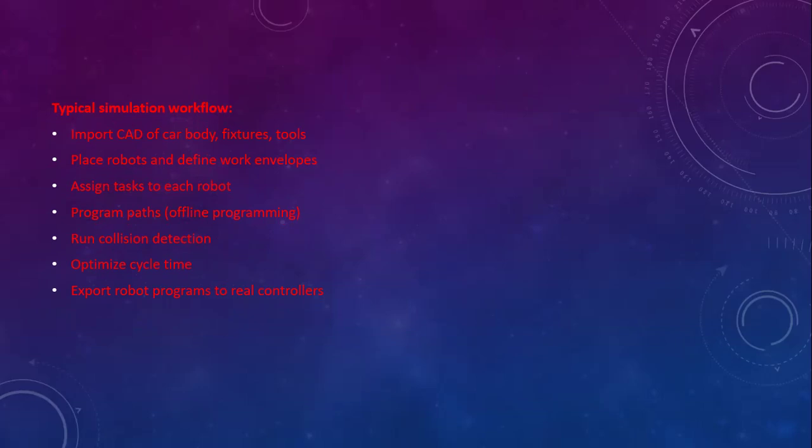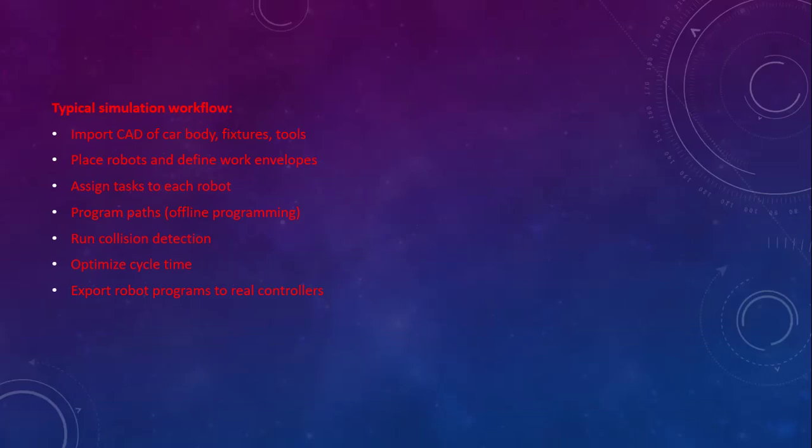This slide explains the typical workflow of a simulation exercise. First and foremost, we have to create a 3D CAD model of the physical object that you are going to test, say for example, automobile body frame, fixture and supporting tools. A 3D image of these items has to be represented. Then place the robots inside the 3D model of the assembly cell layout and define the work envelope.